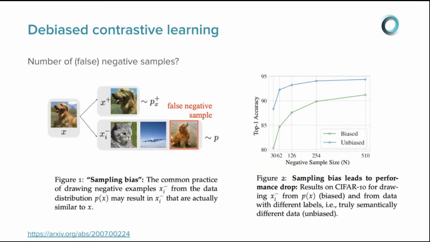Yep. And I mean, in this case, I guess it will also depend. So the idea is then to curate the dataset and look for the false negative samples, right? So you have to invest time to create the dataset which is unbiased.